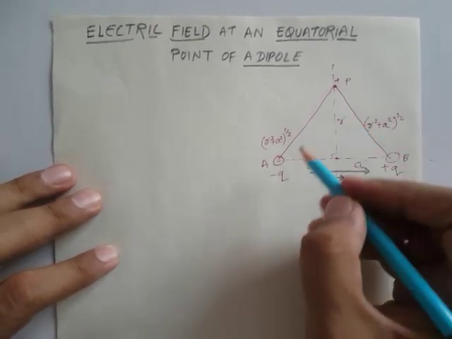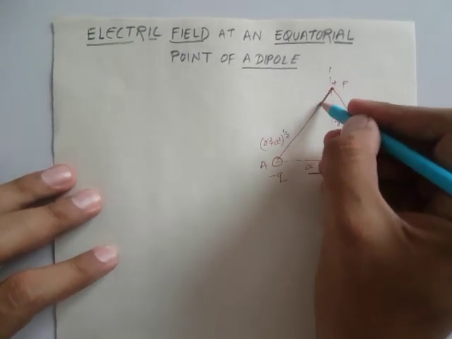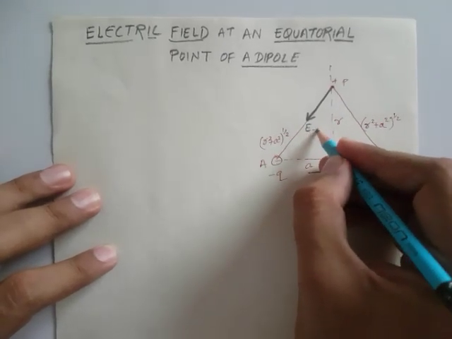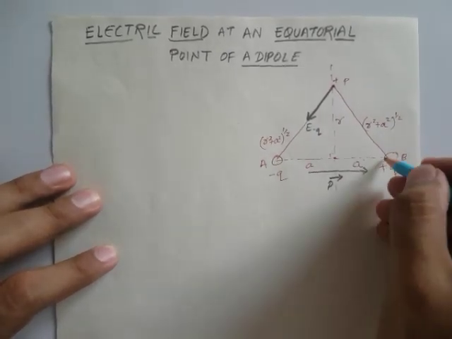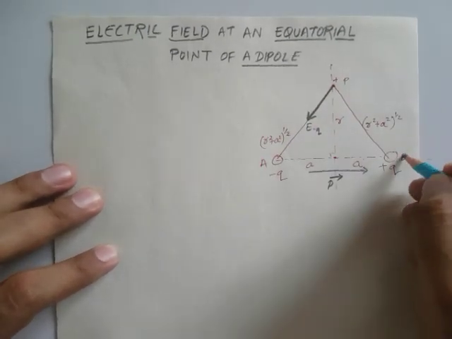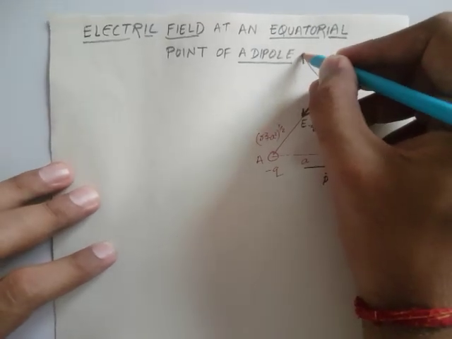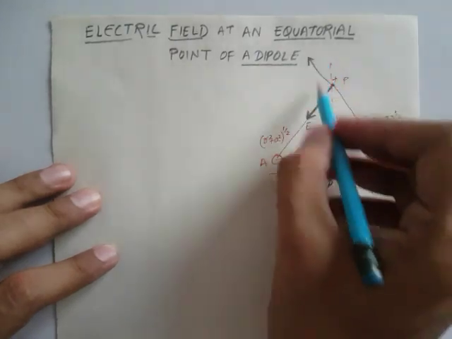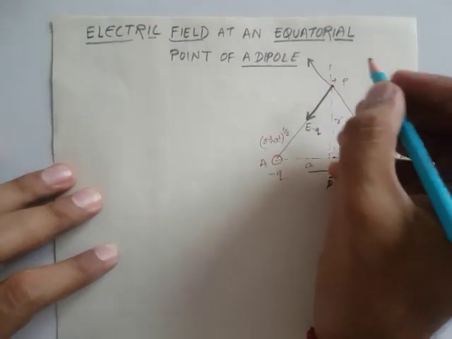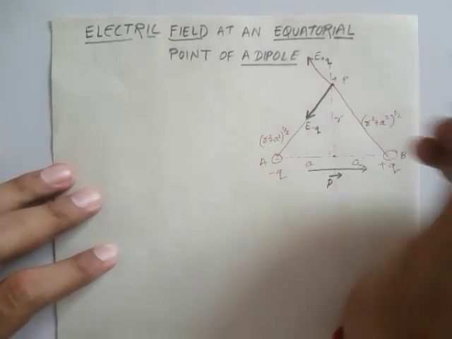Now the negative Q and the positive charge attract each other, so my field will be here, that is E minus Q. The positive charge repels in the same line of joining, that is B to P, in the same direction. If somebody asks you the direction of the unit vector, we can write B and this point P. We can write over here, and that is E plus Q.